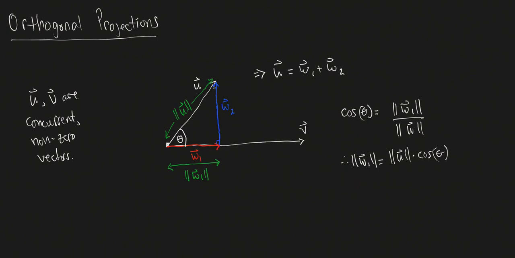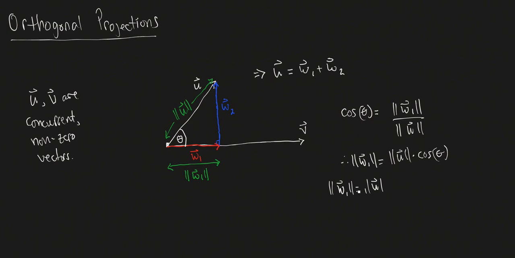Now, suppose I multiply both sides by the magnitude of v. I can do that, right? The magnitude of v is going to be some positive number since v is a non-zero vector. So if I multiply both sides by the magnitude of v, I have this. So the magnitude of w1 is equal to the magnitude of u. Oh, wait, let me get this off.